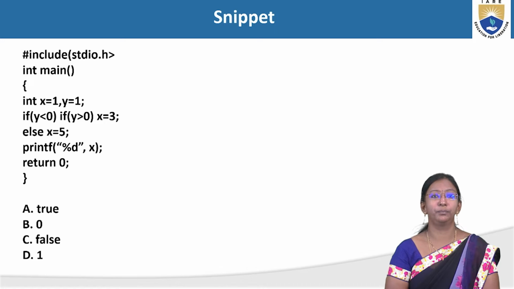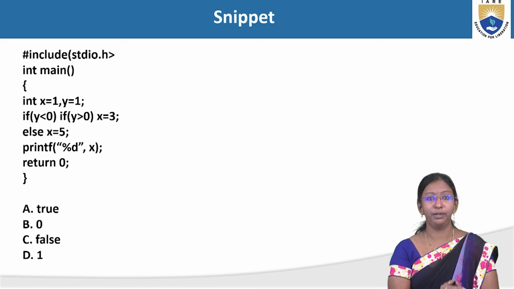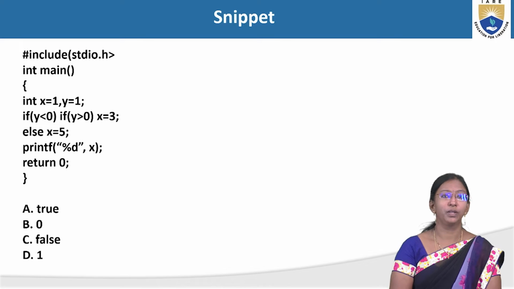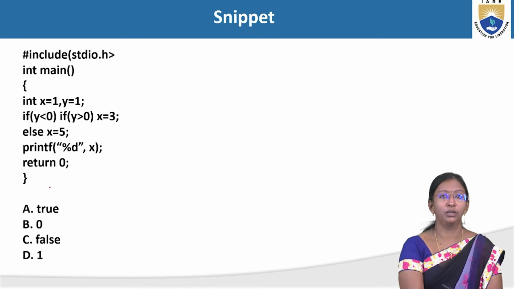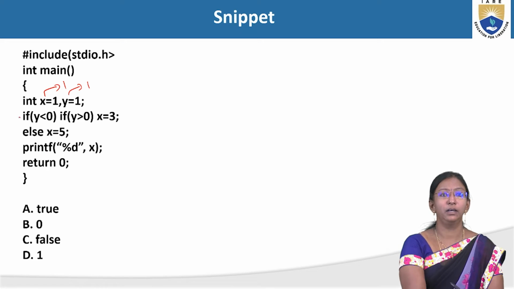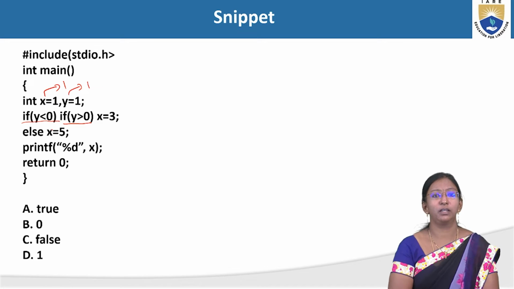Again, this is a program, a complete full-fledged program written in the C programming language. Look at the question. They have taken two variables of data type integer. X is 1 and Y is 1. Both are initialized as 1 respectively. Then they have given if Y is less than 0, if Y is greater than 0. What do you think?